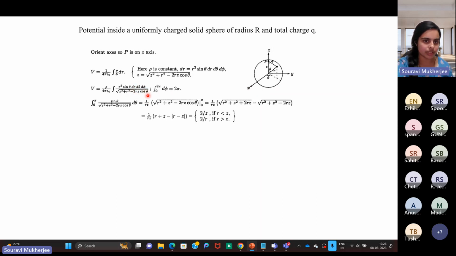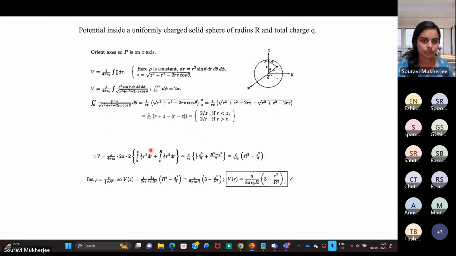And there is a cos theta term here, so this is the integration that you have to solve. There you can do the substitution, and there are integration identities for root over a square minus x square kind of expressions. If you use those identities, you get something like this. Now if you put that here, what you see is important.